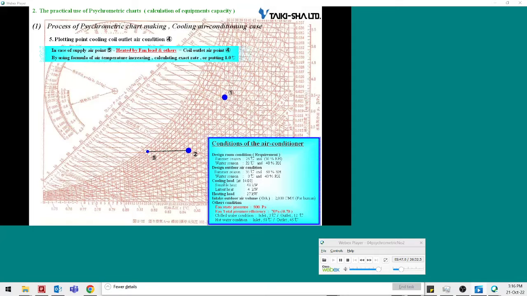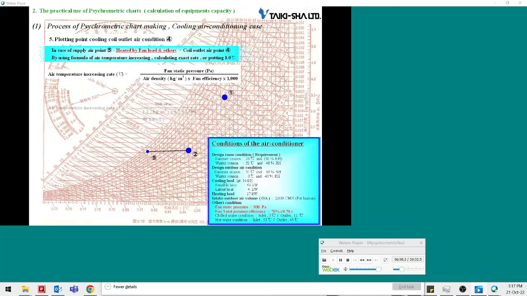The other way is to take the fan heat generation into account. For general air conditioning, approximately 1 degree Celsius is often considered. Here, we select the way to determine the increased temperature obtained through calculation.